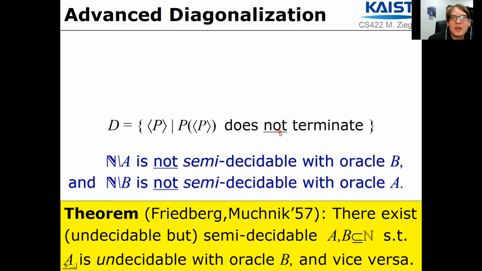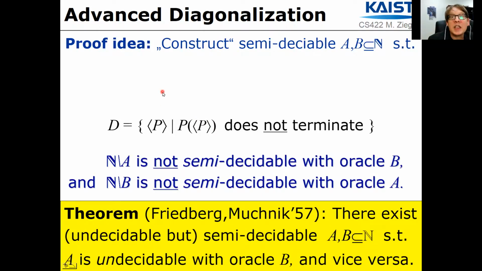This is kind of how to fool any possible candidate program. So if this were decidable, then we could investigate what the algorithm that decides that problem would do: does it terminate on its own input? And we would see that it does not, nor does it. So it's a paradox.